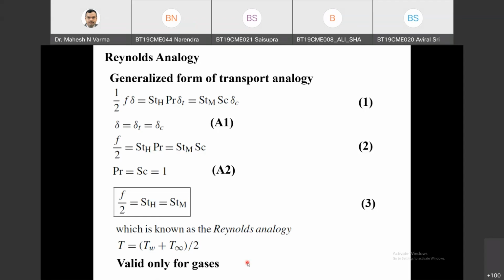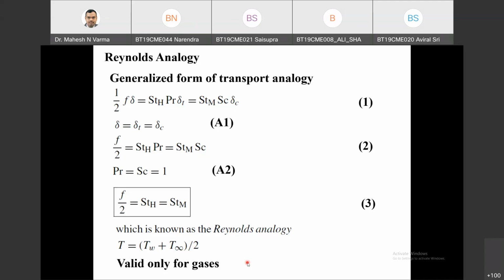Here Reynolds worked with gases only: mass transfer, heat transfer and momentum transfer in gases. He put forward his observation and estimated all the properties at average temperature. These two are the most important limitations of the Reynolds analogy: all properties are estimated at average temperature, and it is valid for gases only.